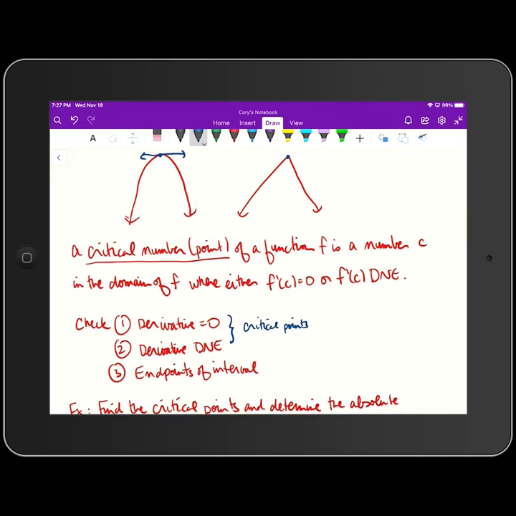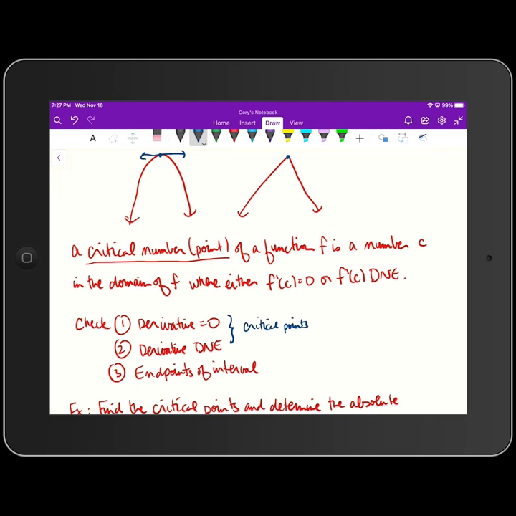The next term that we are going to define, you guys are going to hear pop up a ton in chapter 5: a critical number, or what I call critical points.